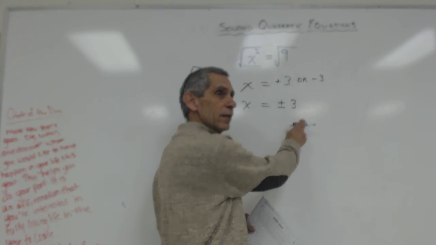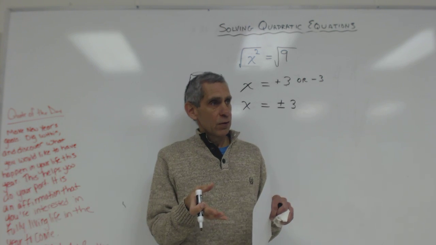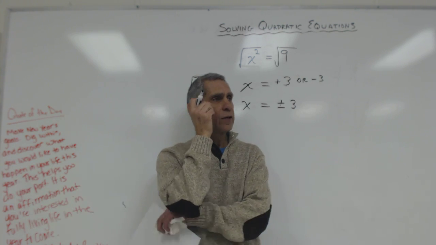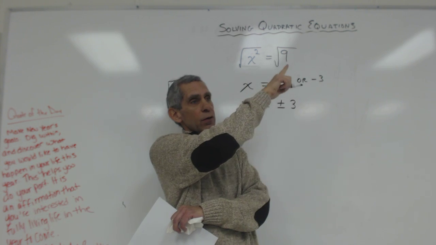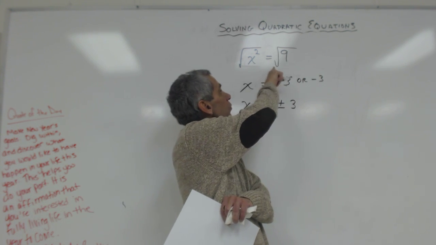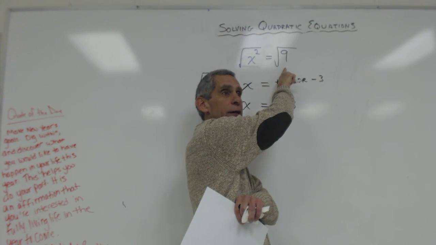So that's what you want to get in the habit of doing. Whenever you're dealing with quadratic equations, when you square root both sides, the answer will always be plus or minus.